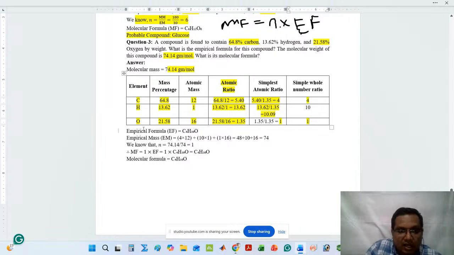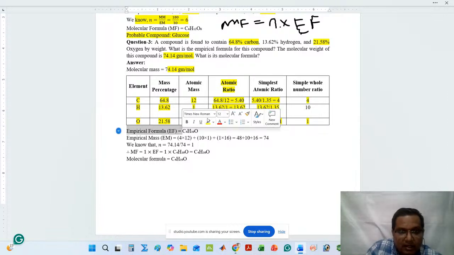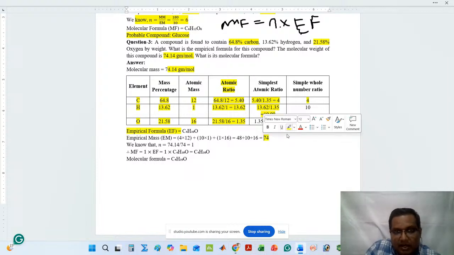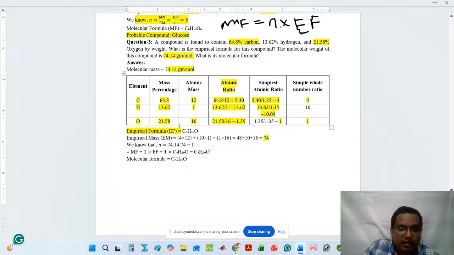As per the empirical formula, you can find the empirical mass. Empirical mass is equal to how much? That is 74.